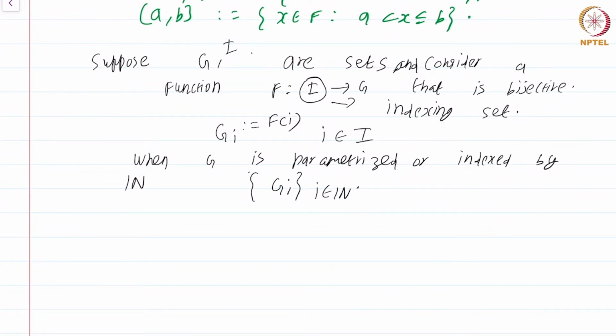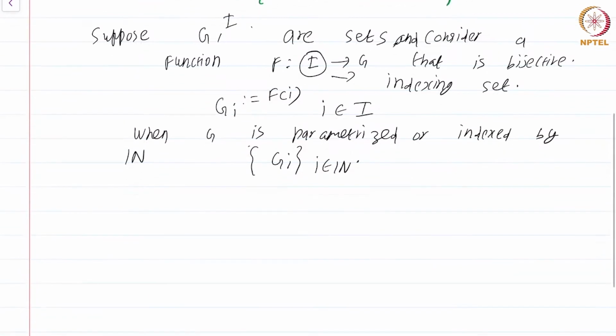I'm just representing the collection G in a different manner. Now this is just a notation, don't worry about it too much. Let me now state the nested intervals theorem.